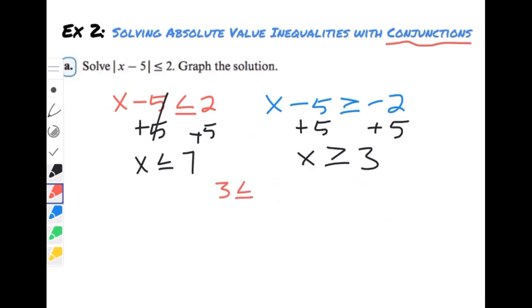X is greater than or equal to 3, but it's less than or equal to 7. So that x is squeezed right in between those two numbers. So if we were to graph that, I'd have 7 and a 3, and my values are going to be right in the middle of there. Notice I filled in the dots because I had the less than or equal to or greater than or equal to. Okay, so there's the first one there.